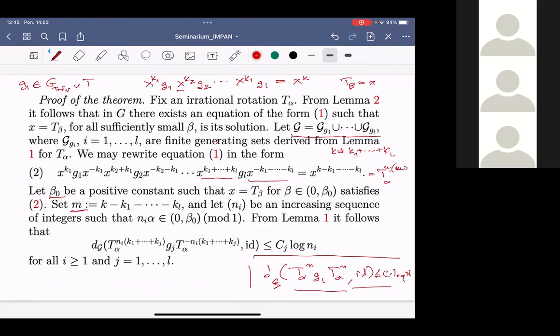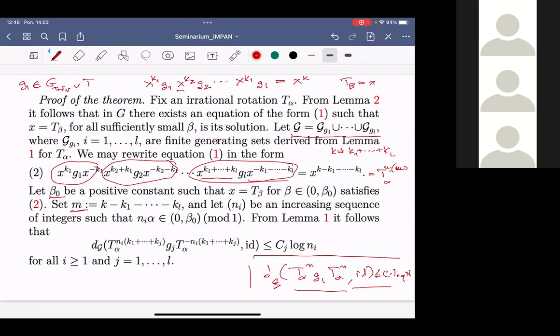So we know that the length of this word is less than the length of all these words. We have bounds on these words in the alphabet G, calligraphic G, because it was equal to the union of all these alphabets for all these elements. So this is again a finite set and a nice generating set.